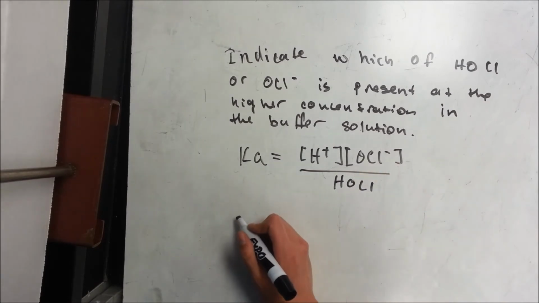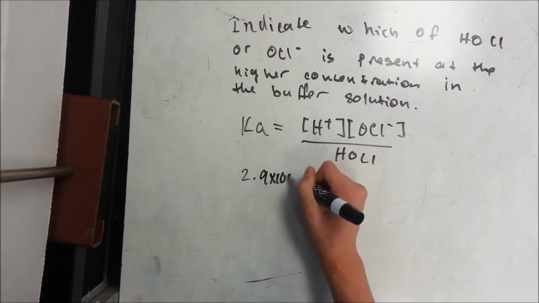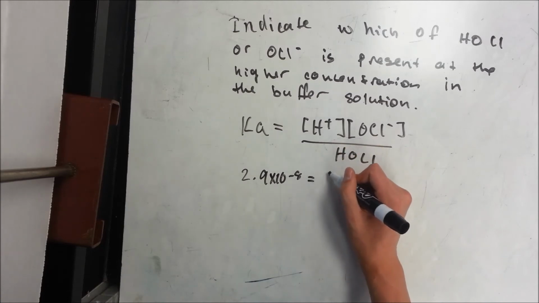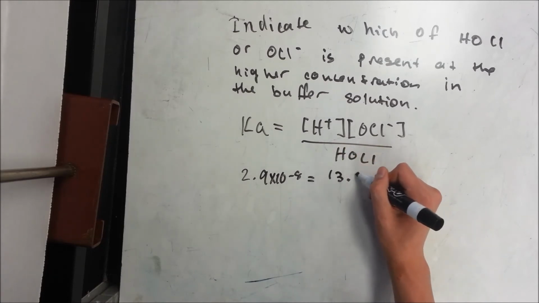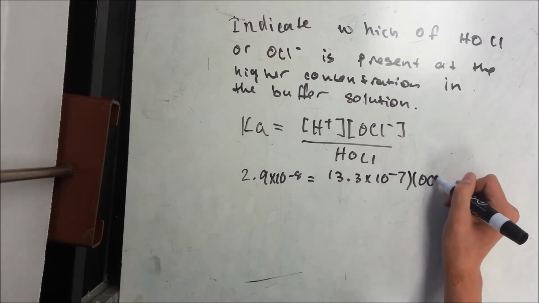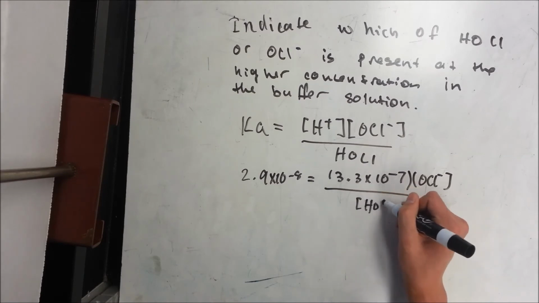We know the Ka value, which is 2.9 times 10 to the negative 8th. And that is equal to the H plus we just calculated, 3.3 times 10 to the negative 7th, times the OCl minus concentration over the HOCl concentration.